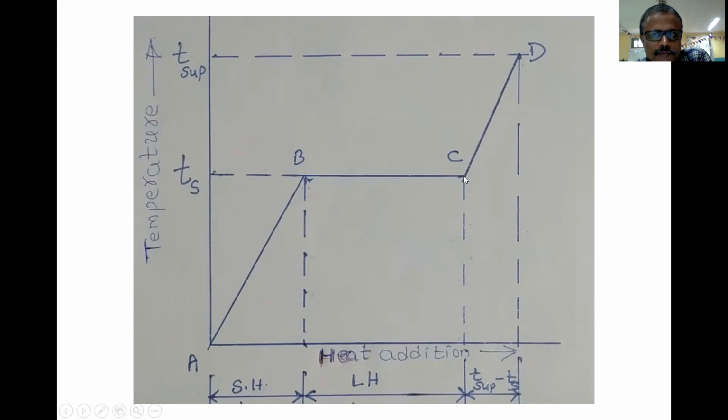Once all the water is converted into steam, now the temperature increases, as you can see in the line CD. So in line CD, the temperature is increasing.